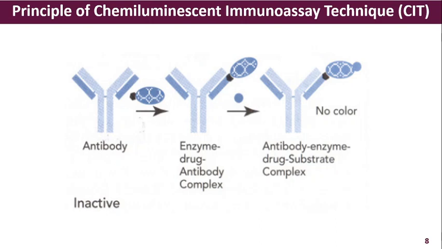So when the antibody is not available to bind to enzyme drug complex, the enzyme drug complex being free can easily react with the substrate, and the substrate is adamantyl dioxetane, and the luminescence will be very bright. As soon as adamantyl dioxetane reacts with alkaline phosphatase, the phosphate group will be cleaved and you will get bright luminescence. And the luminescence can be visualized through luminometer, which will indicate the intensity of the luminescence.